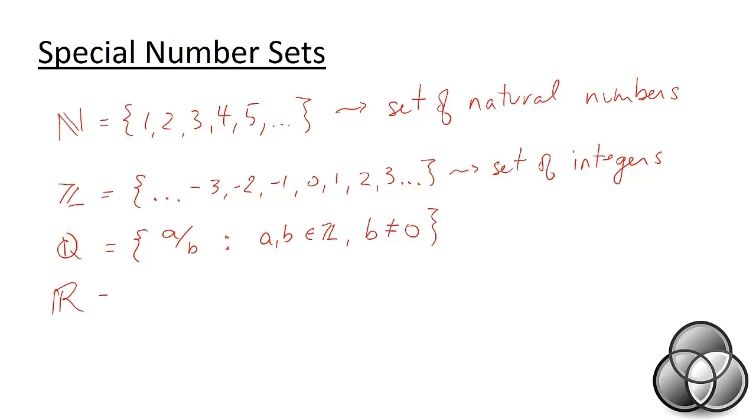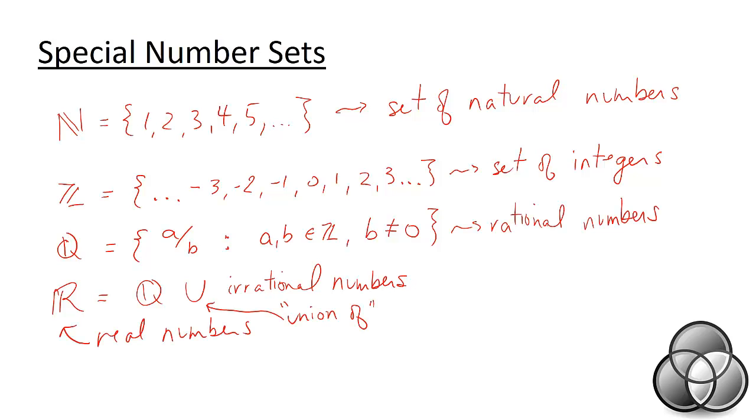The last major set we will use is the set of real numbers, which is denoted using a fancy R. This number set is the union of the rational numbers and the set of what we call irrational numbers. We're going to chat a bit more about irrational numbers later as well.